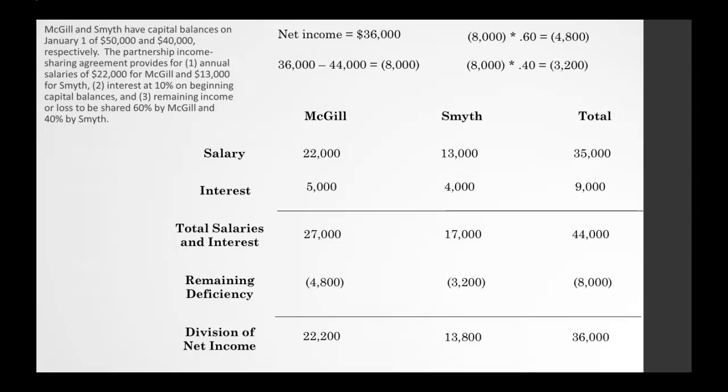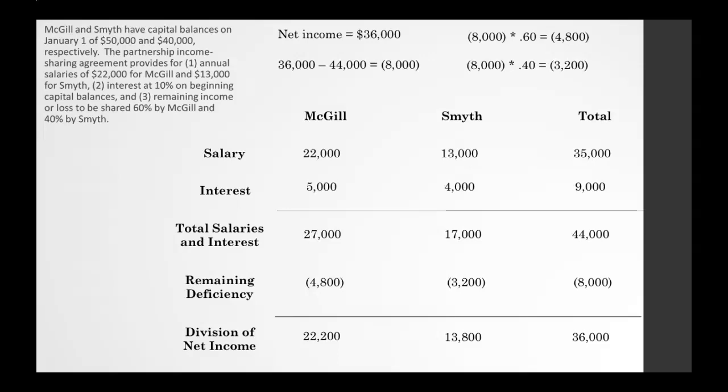Now, what's important to remember here, McGill and Smith are still seeing their capital balances increase. McGill's capital balance is still going up by $22,200. Smith's capital balance is still going up by $13,800. Because the company still made a net income.